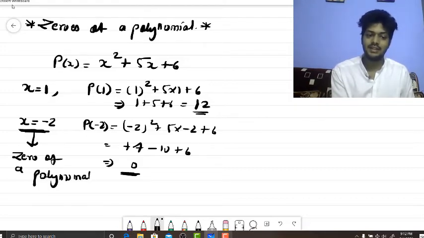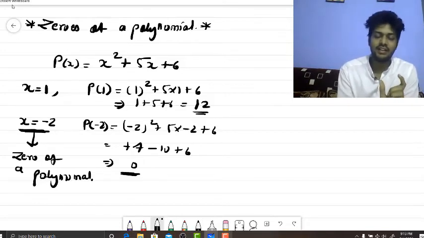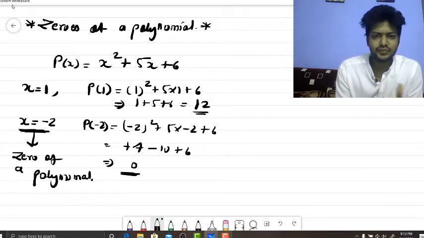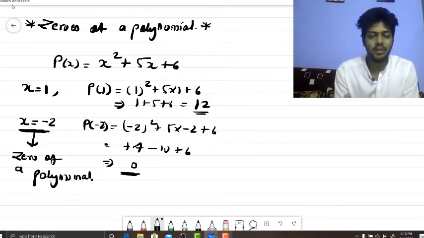So now you can write down the mathematical definition: the numerical value of any variable for which the value of the entire polynomial expression becomes 0 is called the zero of a polynomial.